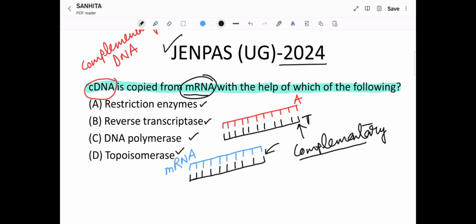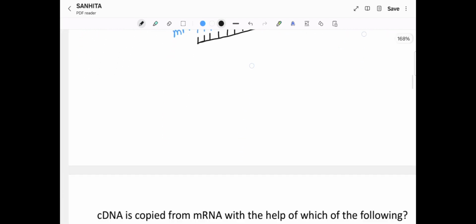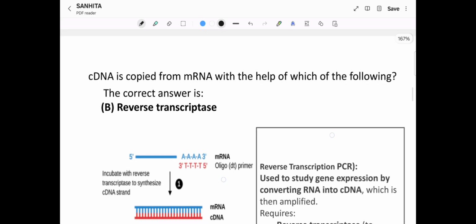Maybe someone is playing a role in replication, someone in transcription. Okay, we don't know, but to solve this question, we must know the functions of the enzymes that are responsible for replication, transcription, and translation. So in the next slide, we will see the answer.